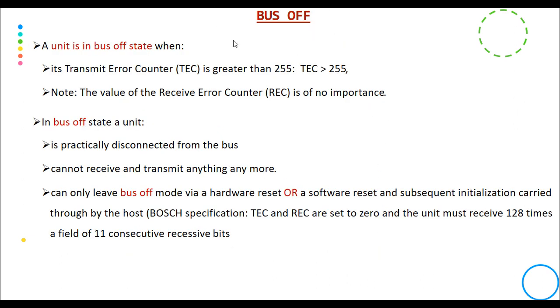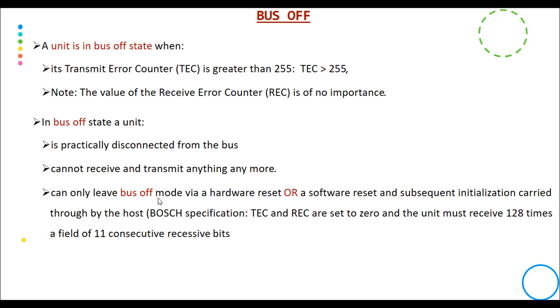Say bus off state, a little bit detailed explanation we shall see. A unit is in bus off state when, as I told, it is generating too many error frames, that is its transmit error counter is greater than 255. Here the receive error counter is not considered at all. So whenever a node is in bus off state, it is practically disconnected from the bus and cannot either receive or transmit anymore.